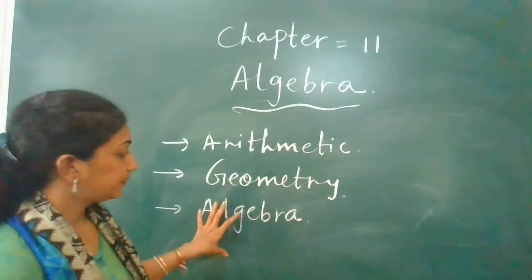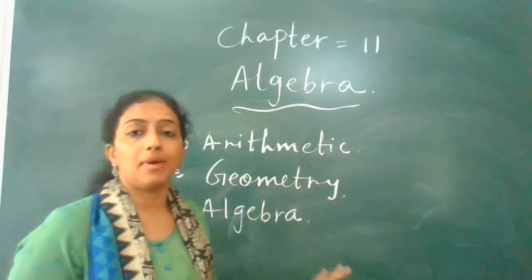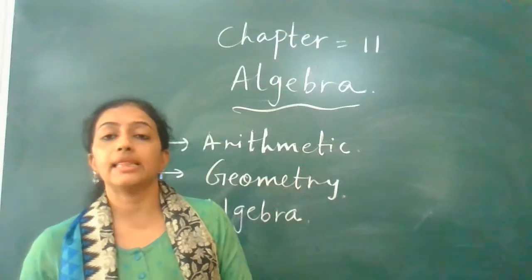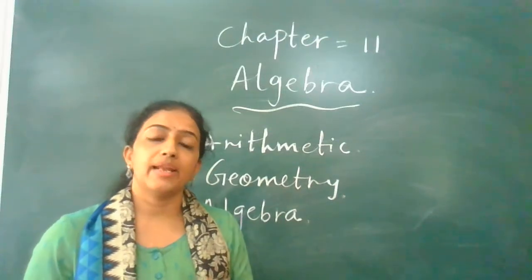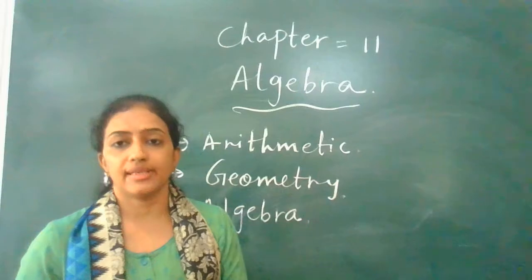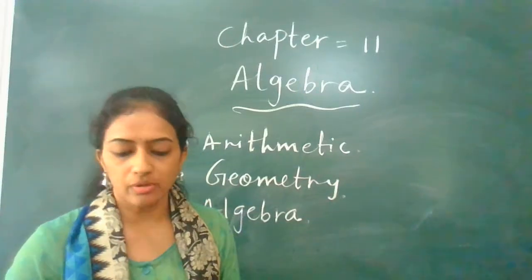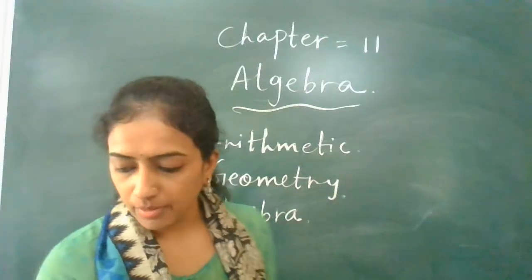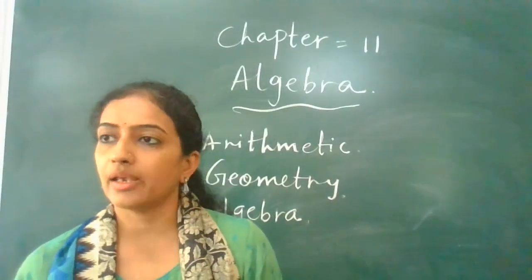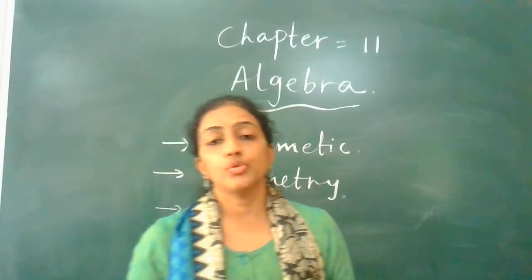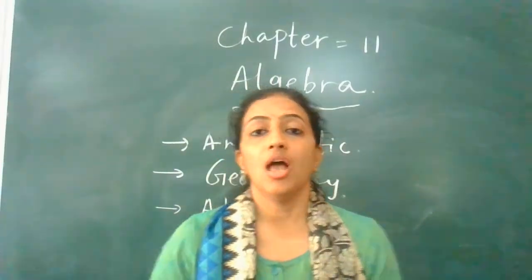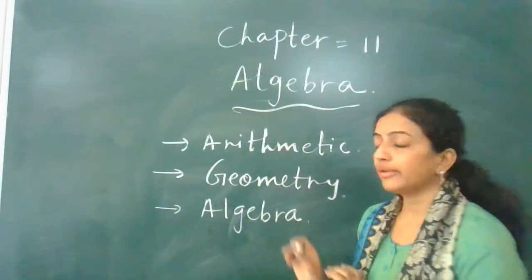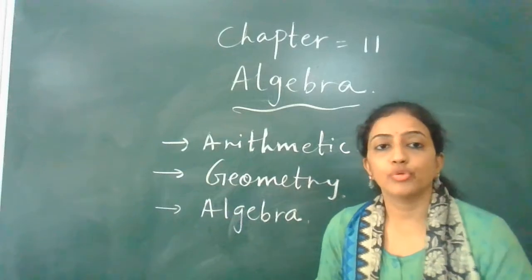Okay, so now we'll just talk about what is algebra, and then we'll start. Then I'll show you one or two more examples, and then we'll start with the chapter. Okay, so if we talk about algebra, algebra is the study of using letters. When you have to find an unknown value, then you have to use letters.